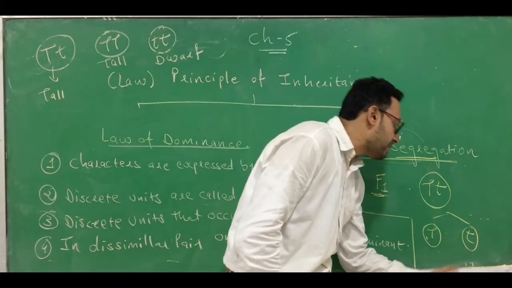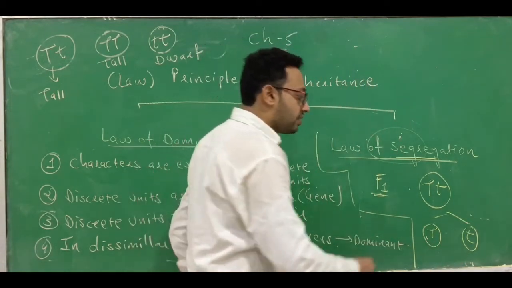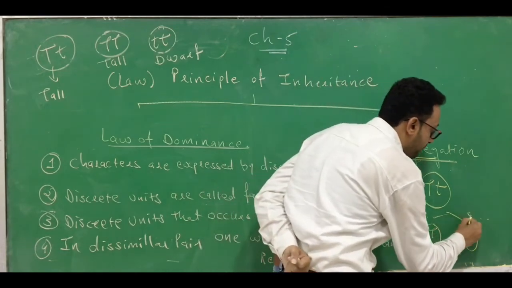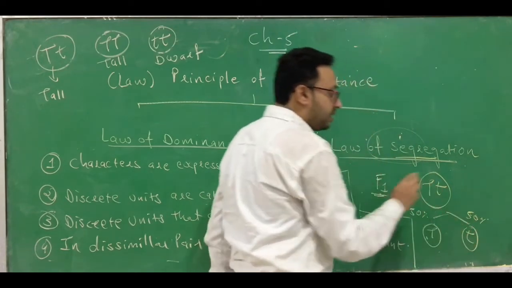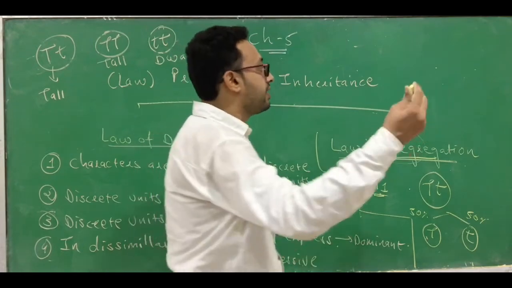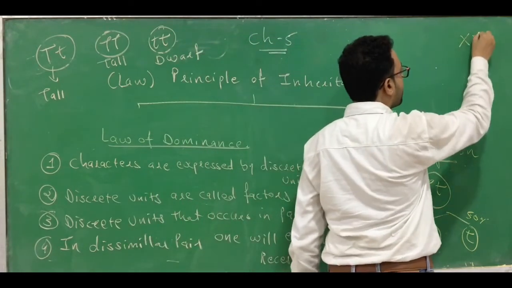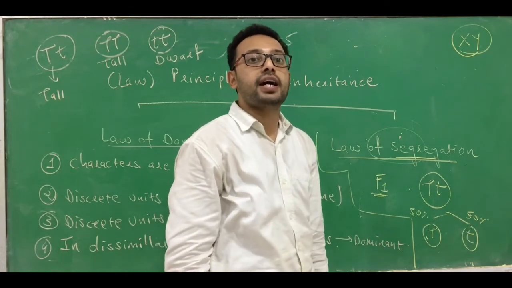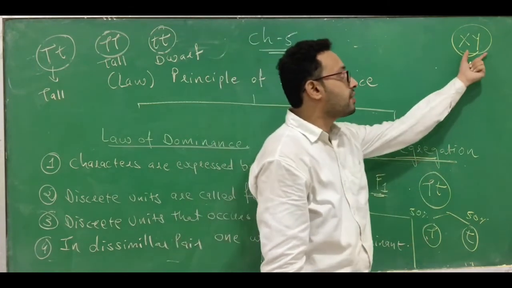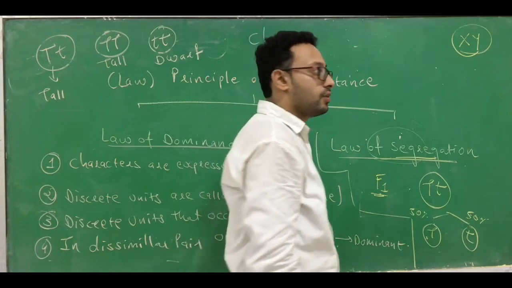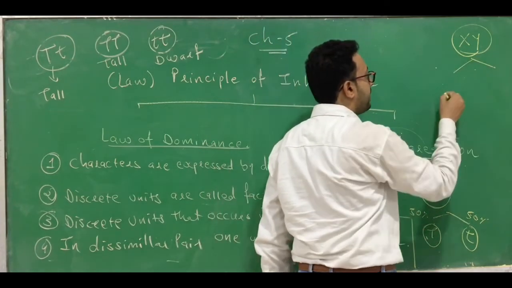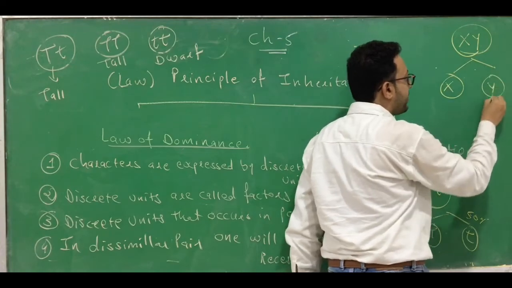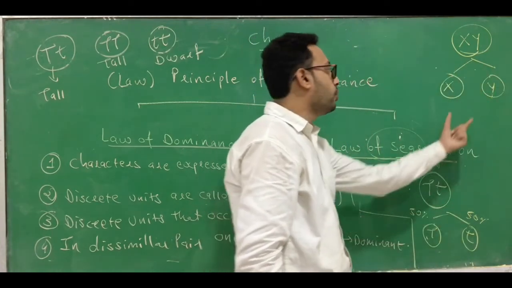While gamete formation happens, 50% of gametes will get this and 50% of gametes will get that, in a heterozygous condition. Like even in a human being, you know that the male contains XY. The 23rd pair of chromosomes is XY. So in the case of a male, half the sperm contain X and the other half contain Y. You already know that.